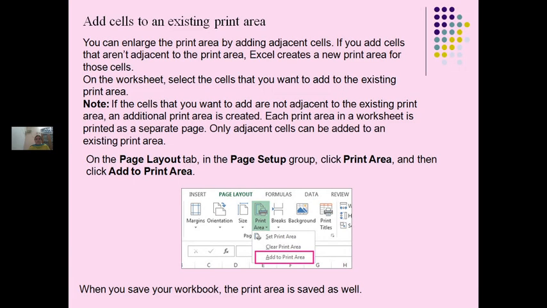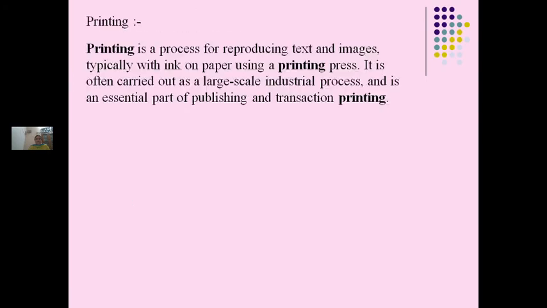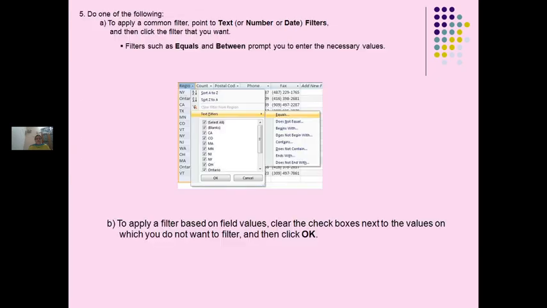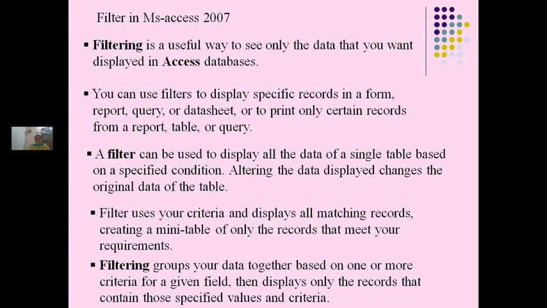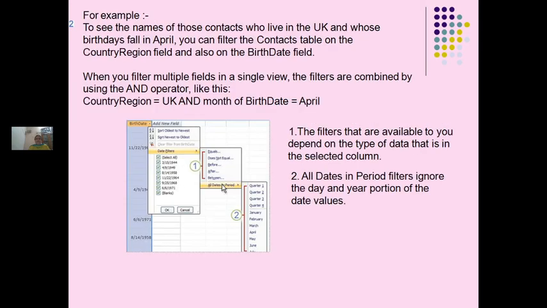Okay, students. So these are the topics we were discussing in today's class: what is a filter, the definition of a filter, and we have seen with an example how we can apply a filter in MS Access 2007.